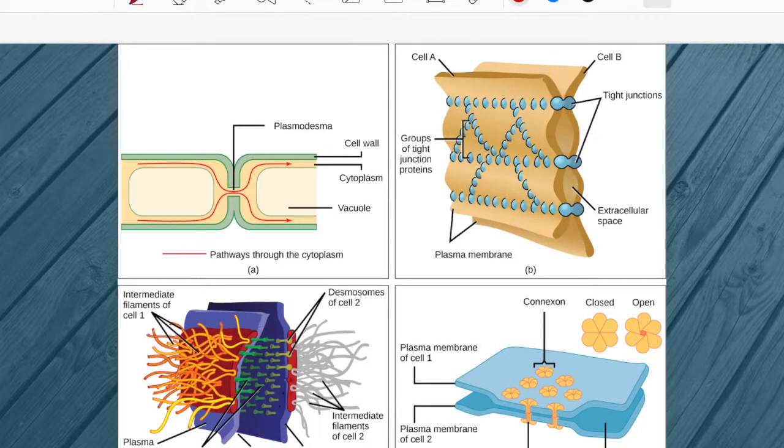All right, so plasmodesmata right here allows for the movement of materials. Tight junctions really hold those cells together tight. And then you have desmosomes that are like spot welds that are holding them together. And then we have gap junctions, and a gap junction is a channel that allows for the movement of materials into and out of the cell.